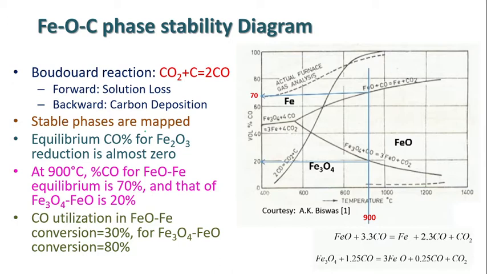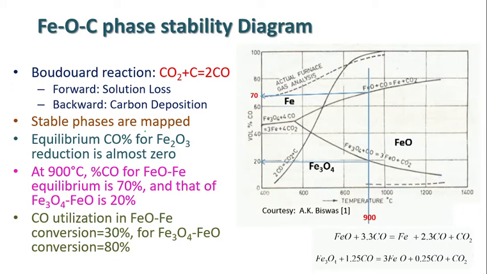We generally talk about oxygen potential of a gas, but it is more relevant to consider the carbon monoxide percentage in a carbon monoxide and carbon dioxide gas mixture for the reduction of iron oxides.